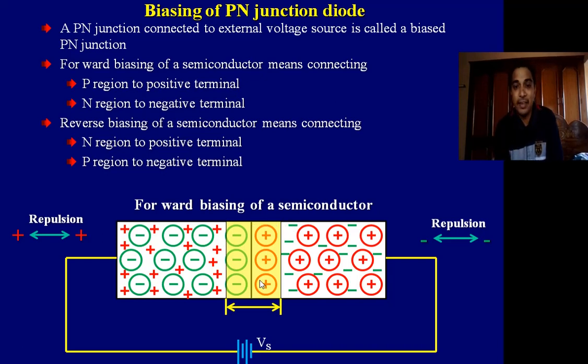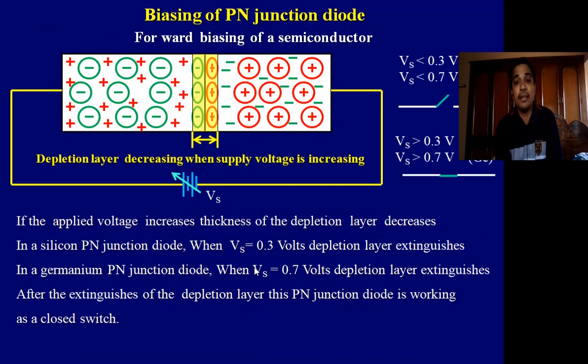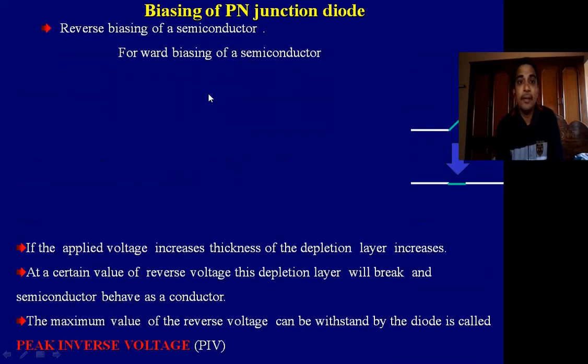We are giving the voltage such that these charge carriers try to cross the junction. While crossing, the barrier width will decrease. The depletion layer width will get decreased. So this is the diagram after the decrease of the barrier width.